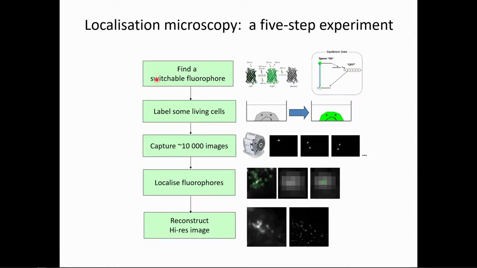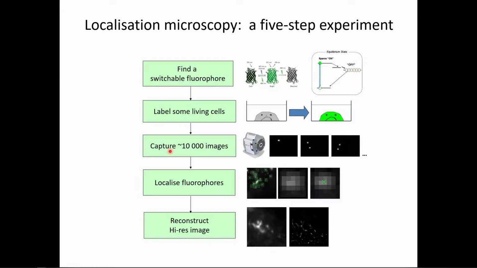So you find a suitable fluorophore that you can switch into the off state with only a few on. You label some cells with this in the usual way, just the same way as we've already discussed in one of the lectures. You capture thousands of images. Here you see the big disadvantage with this method. To get one super resolution image, you need to capture thousands of images and the localization data.